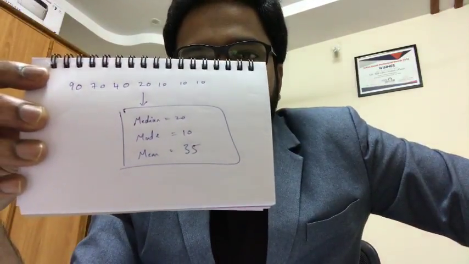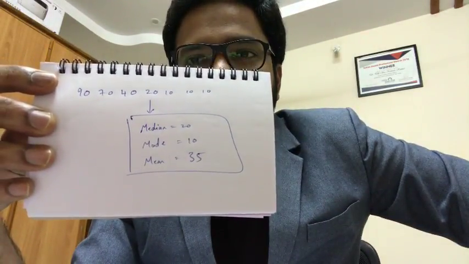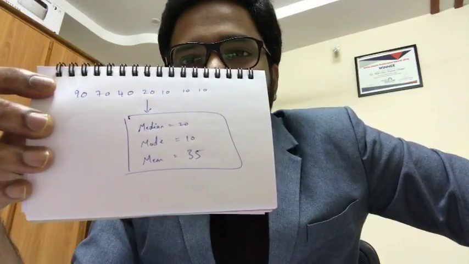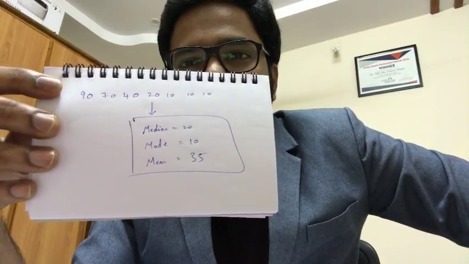Okay, right. So I hope these are the values which you got. The median is 20, the mode is 10, the mean is 35, right? So the mean is greater than median and mode.